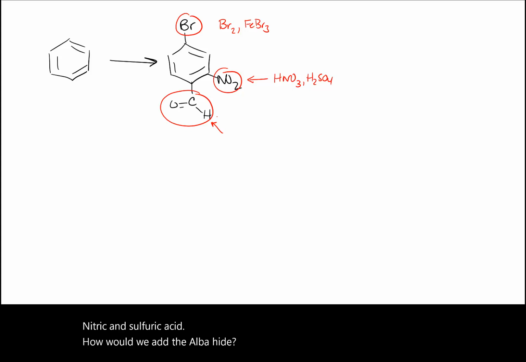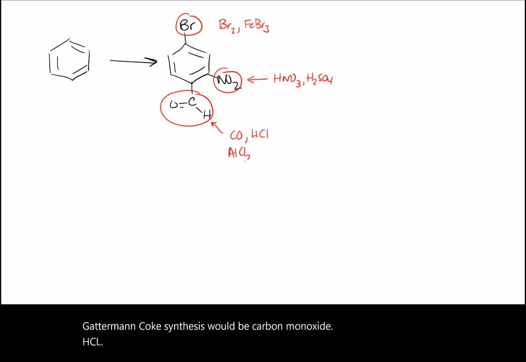Well, if you look at your chart, there is a Gatterman-Koch synthesis. Gatterman-Koch synthesis would be carbon monoxide, HCl, aluminum trichloride, and copper chloride.